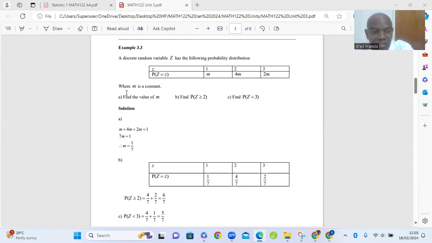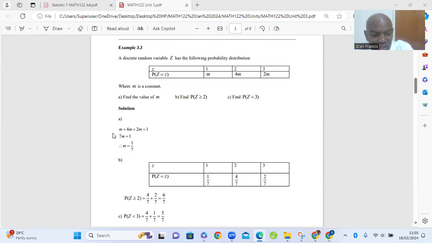Okay, so it says where M is a constant. It says find the value of M, find P of Z more than or equal to 2, find P of Z less than 3. So let's find the value of M. We know that the sum of the probabilities on any probability distribution must add up to 1. So therefore, M plus 4M plus 2M is equal to 1.